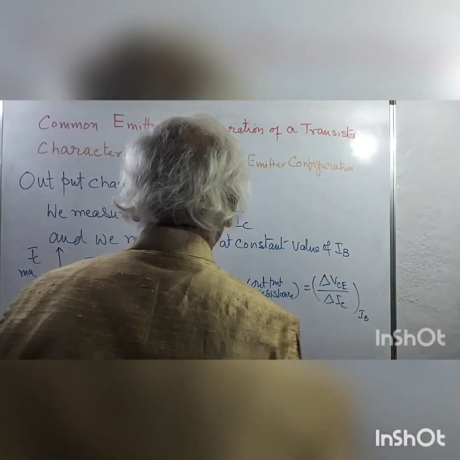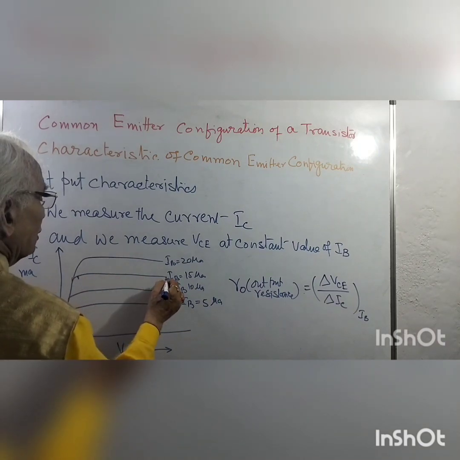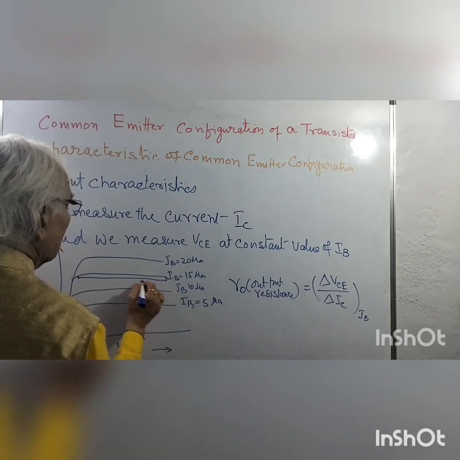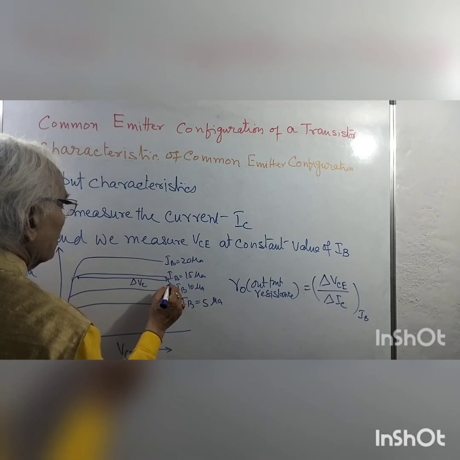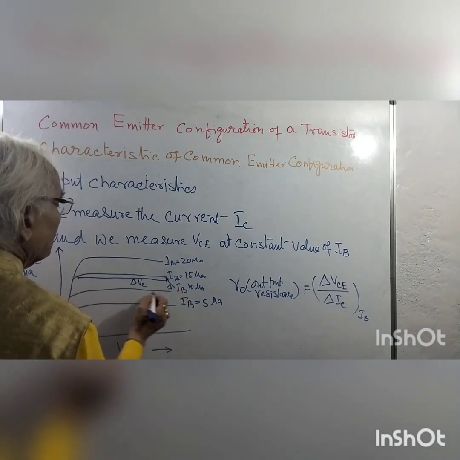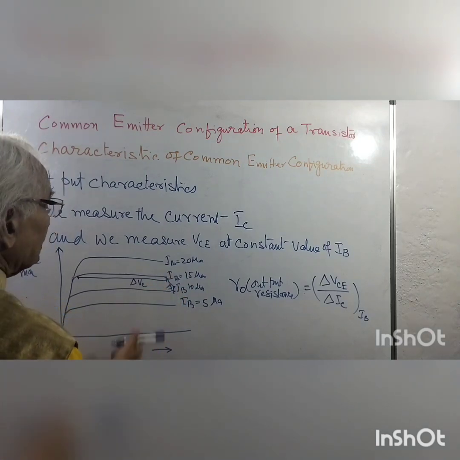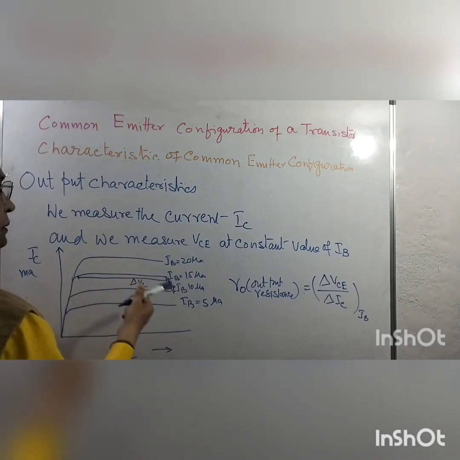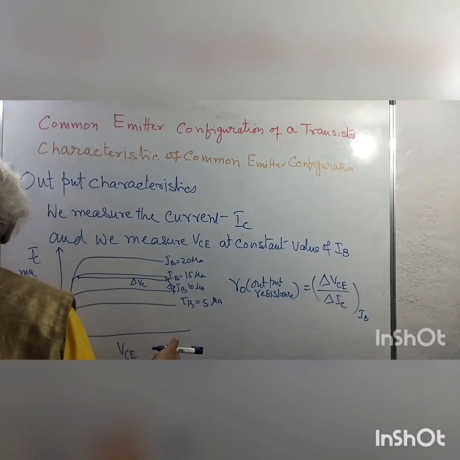So delta VCE over delta IC, we take, say, from this point to this point, we find out this delta VCE, and we find out this delta IC, and the ratio of this gives the value of R0, the output resistance, but at constant IB.